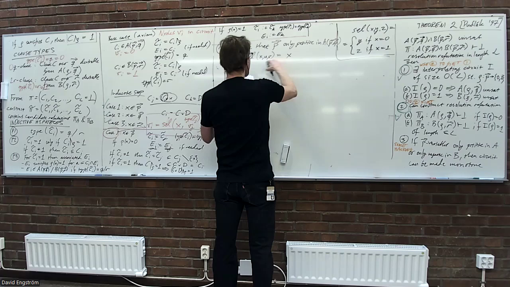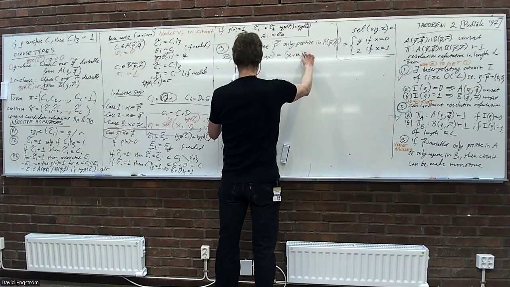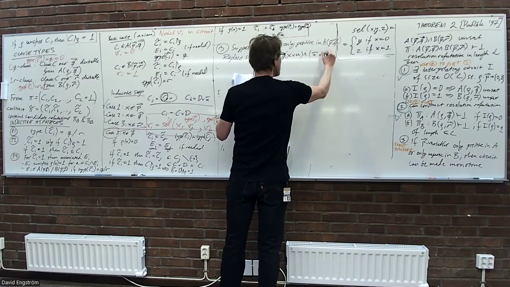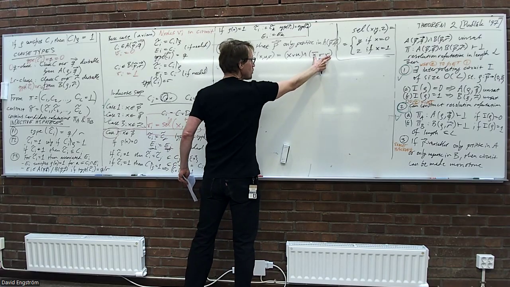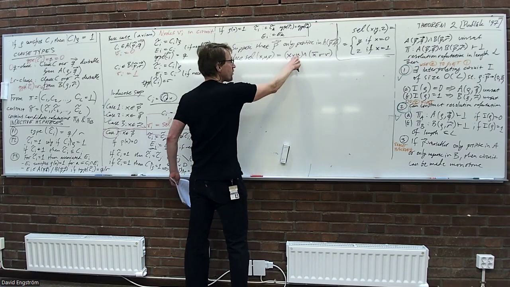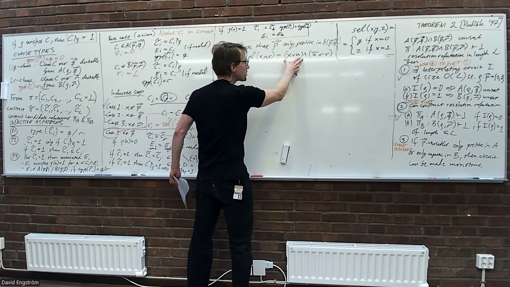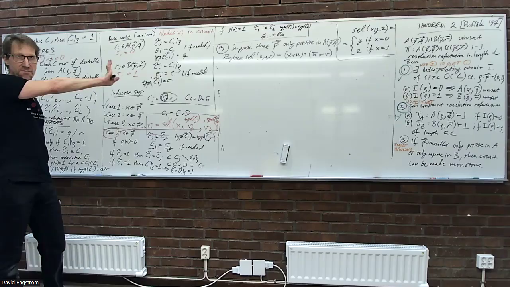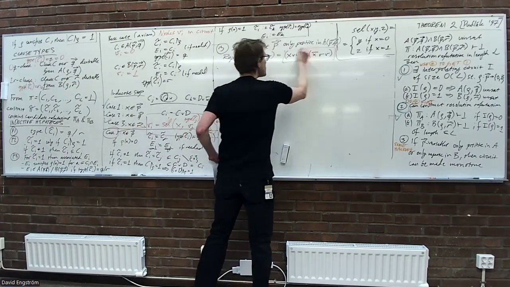If X is false, I take U. And if X is true, then I take V, right? If X is false, then this is true and vanishes, and I pick U. If X is true, then this vanishes, and I pick V. Okay, so are we happy with that? This is the selector thingy.